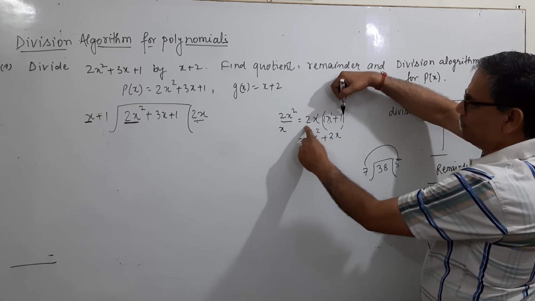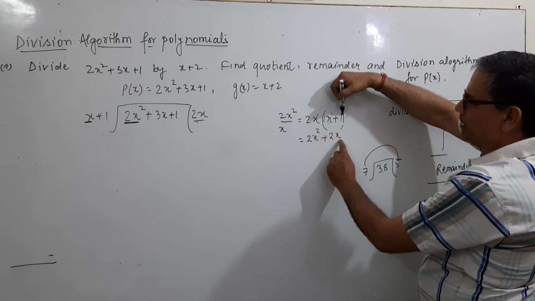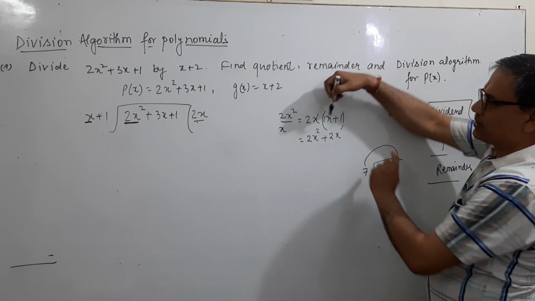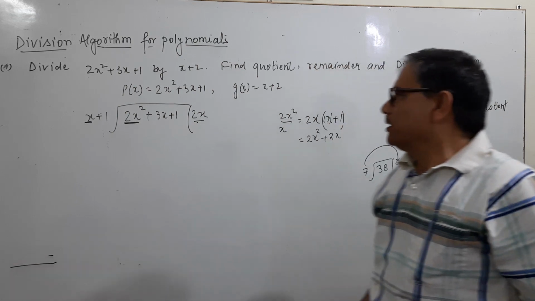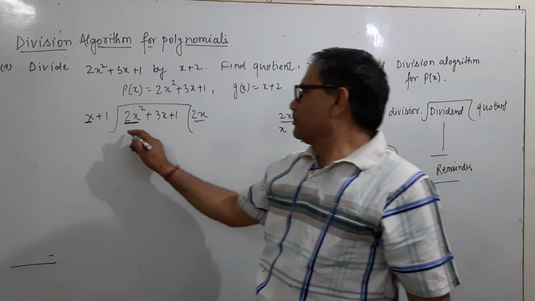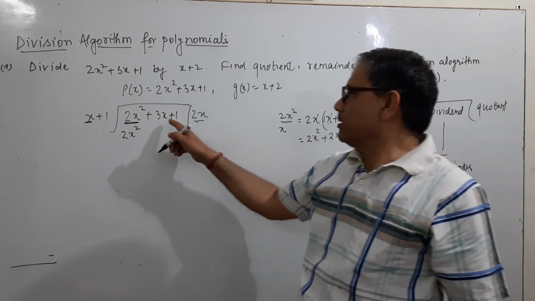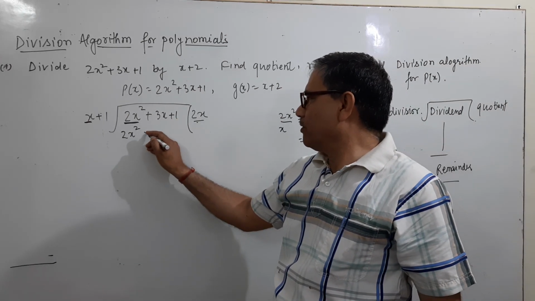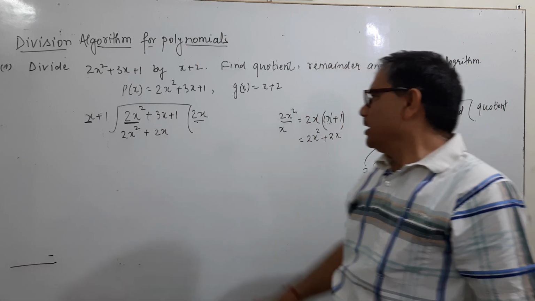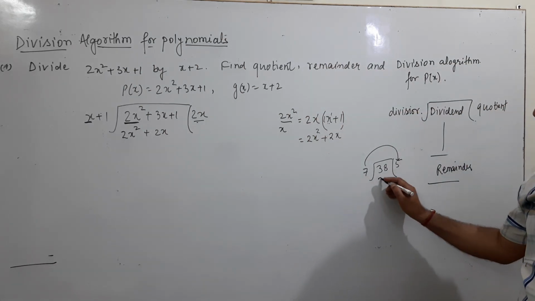Plus 2 multiplied by 2 is 4, x multiplied by 2 is 2x. Like terms go below like terms: 2x square below 2x square, and 2x below the same degree.